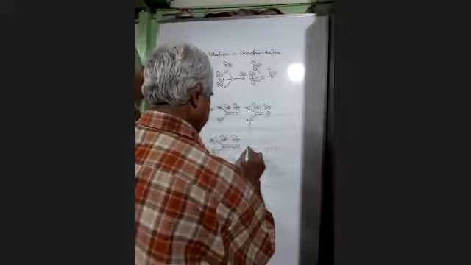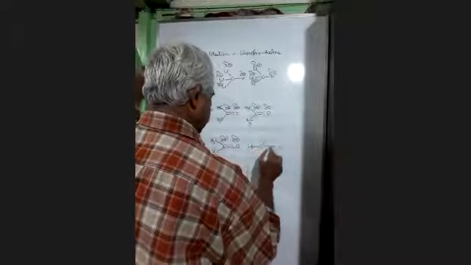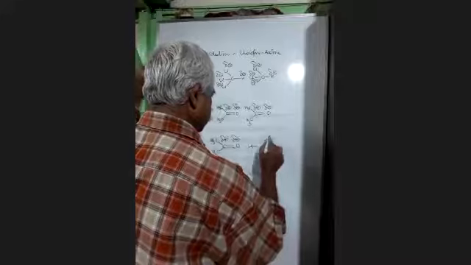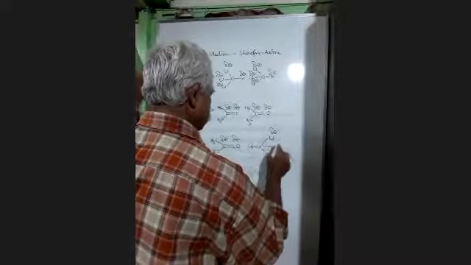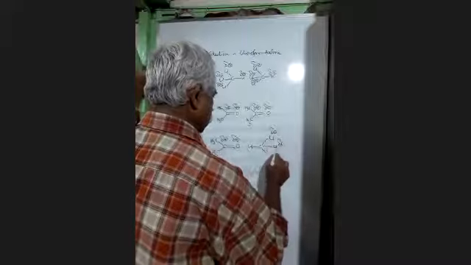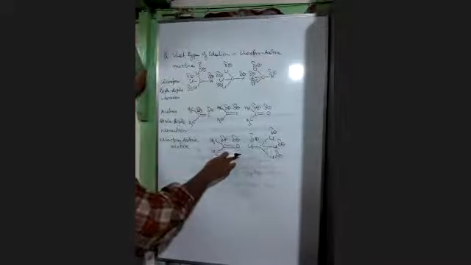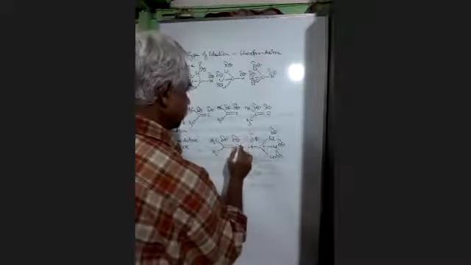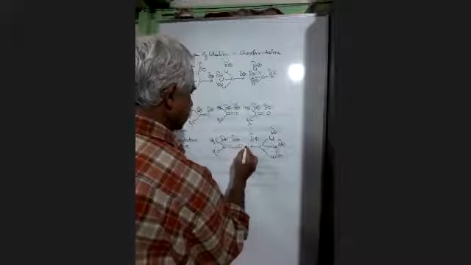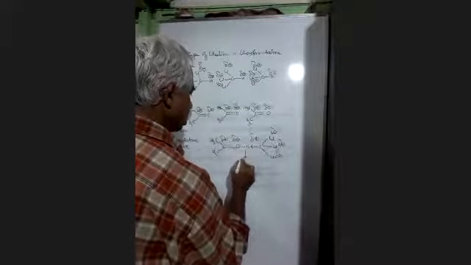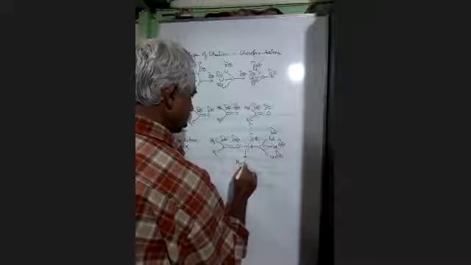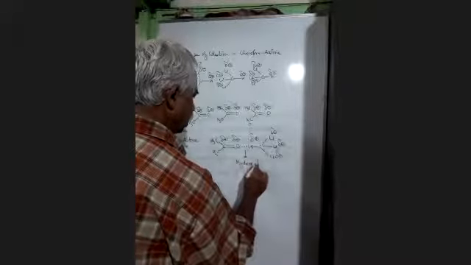Now oxygen is electron rich. And look at this helpless fellow. Now it has got a very good neighbor who can help it with electrons. Hydrogen bond. Hydrogen bond is the strongest intermolecular attraction.